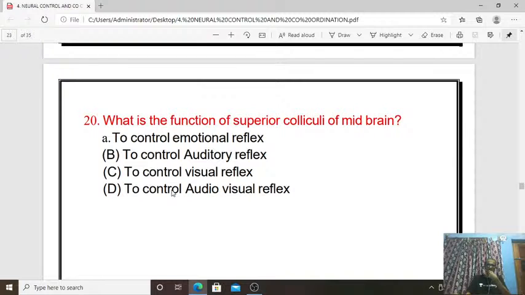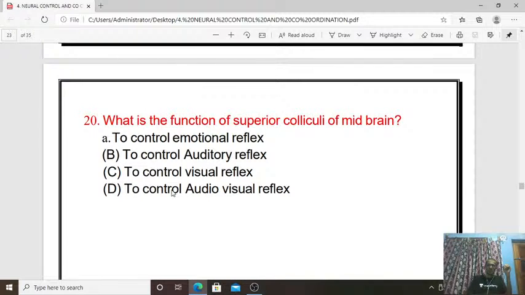The next question, what is the function of superior colliculi of midbrain? It is the superior part of the midbrain, we can say like that. For easy purpose it is called superior colliculi, inferior, etc. The function is to control visual reflex with respect to vision purpose.